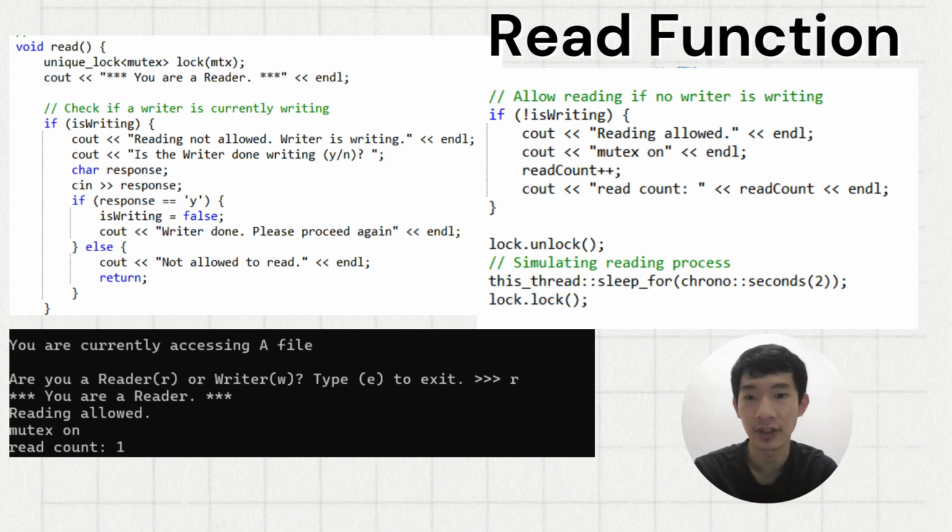At the end of the read function, we increment the read count by one and show it to the user. Because this is a multi-case scenario, we will also show what happens if a writer is writing and the user is a reader trying to read, in the next slide.